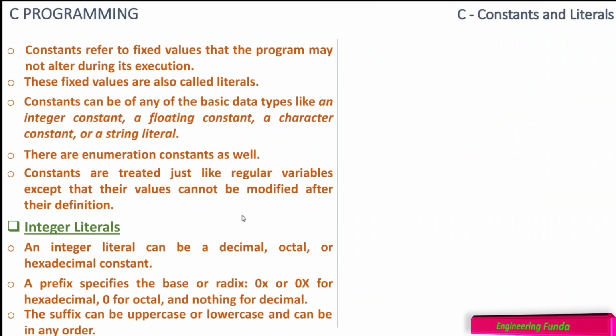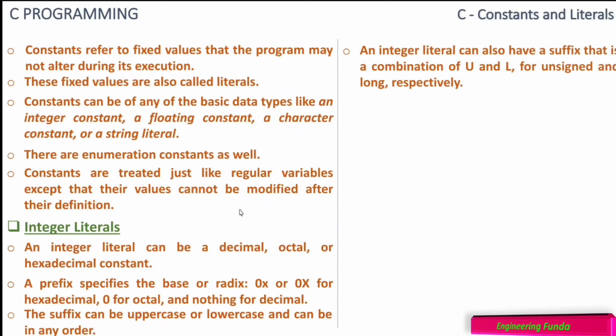The suffix can be uppercase or lowercase, and it can be in any order. An integer literal can also have a suffix that is a combination of U and L. Here U stands for unsigned, and L is for long.